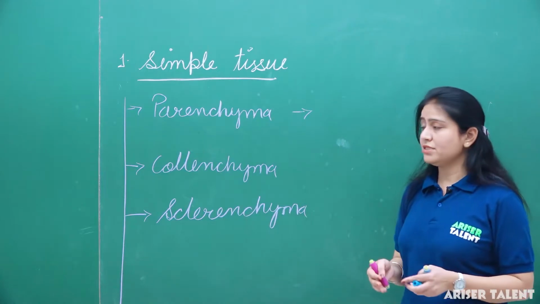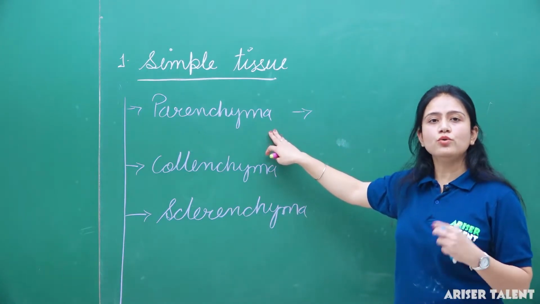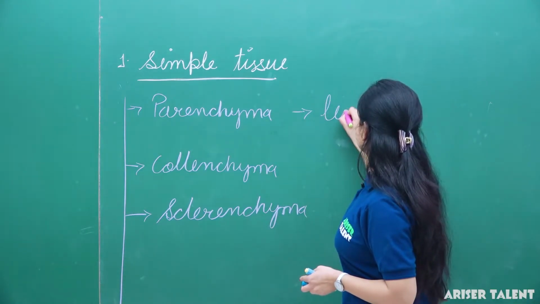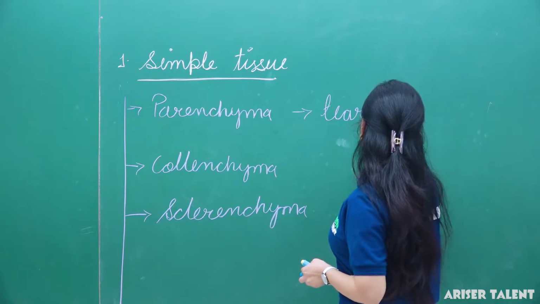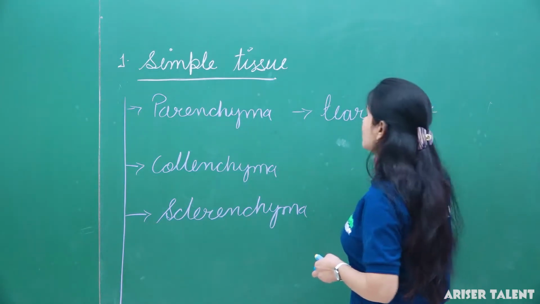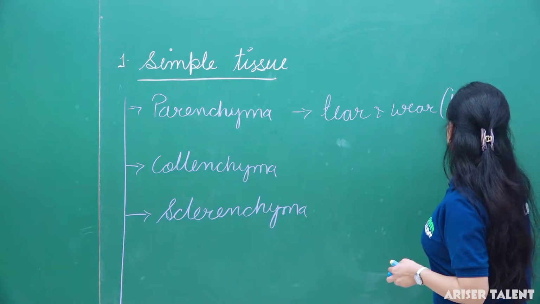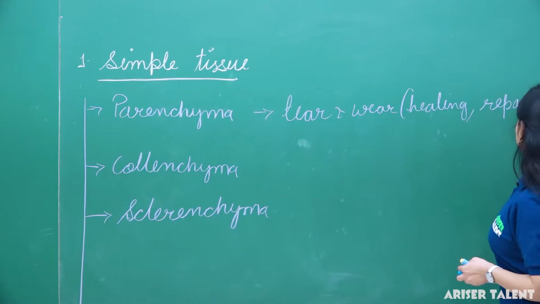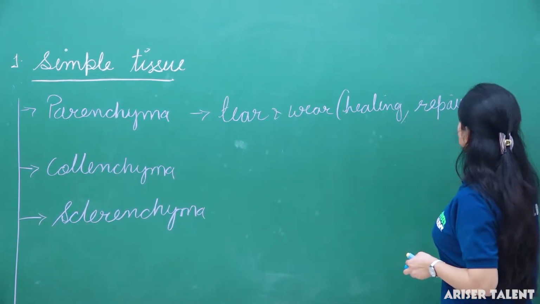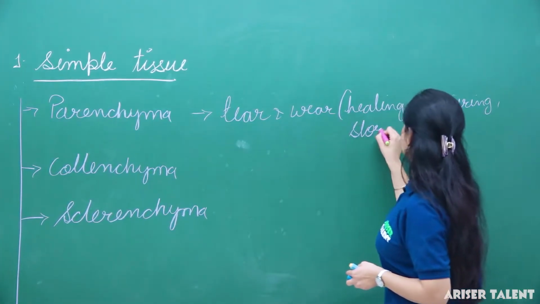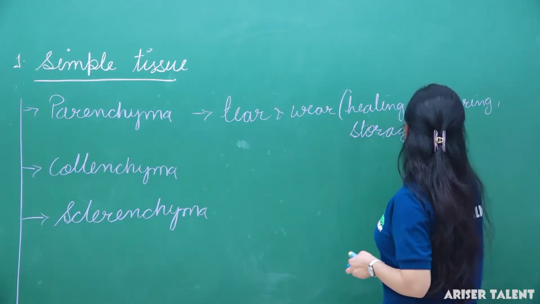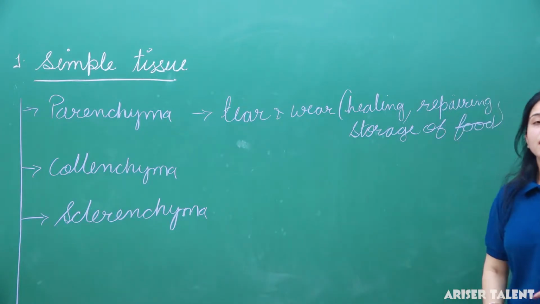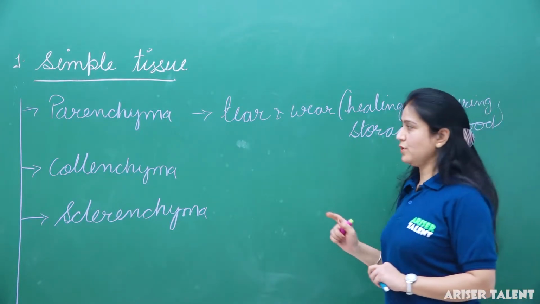If any kind of damage is there, they help the plant to repair the wear and tear of the cells. These kinds of cells have some intercellular space between them.